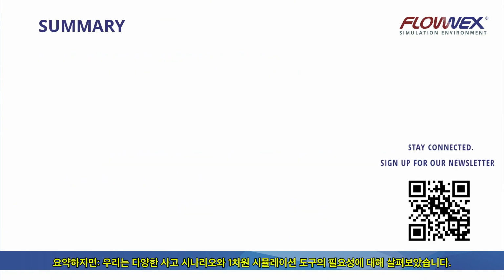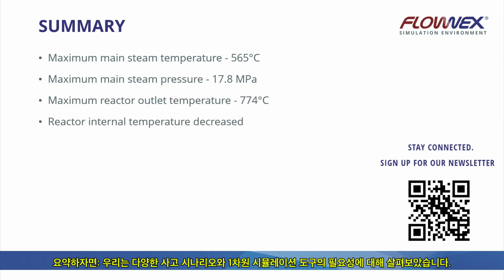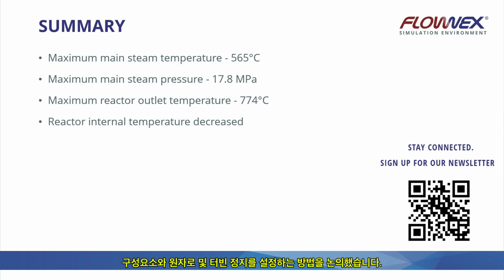To summarize, we looked at an overview of the different accident scenarios and the need for 1D simulation tools. Next, we discussed which components should be used to build a nuclear plant in Flownex and how to configure a reactor and turbine train. On the steam side, we saw a maximum temperature of 565 degrees Celsius and a maximum pressure of 17.8 megapascal at the outlet of the steam generator.